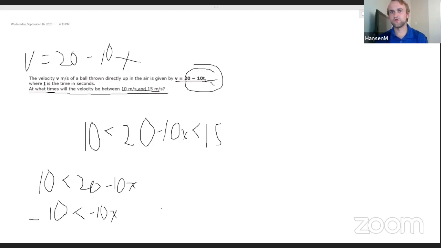And as we learned just a little bit ago, that means that 1 is greater than x whenever we solve that out. Swap the signs whenever we divide. Then we're going to solve this next side of the equation too. And I'll check and make sure we have the signs right here at the end. Subtract 20 from both sides.